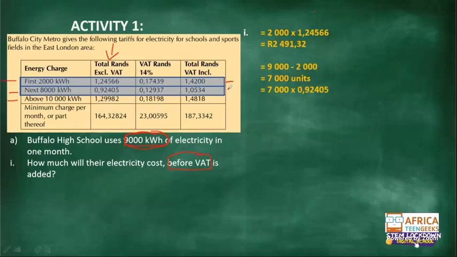Okay, so then we just go 9,000 minus the 2,000 gives us 7,000 units, and we will multiply the 7,000 units with the rate over here of 0.92405. And that will give us 6,468.35.